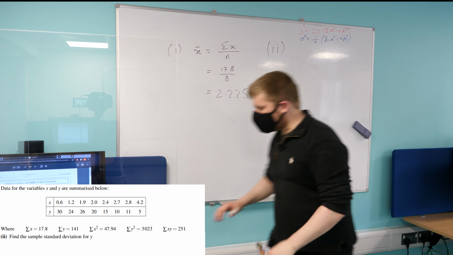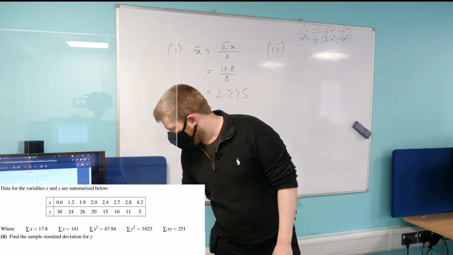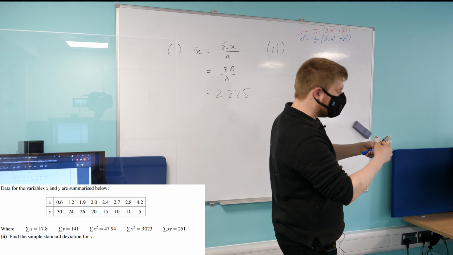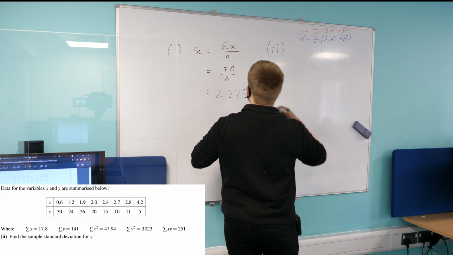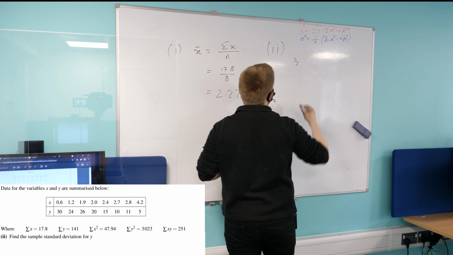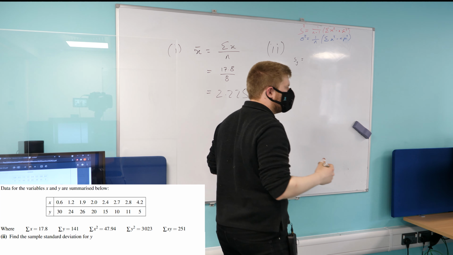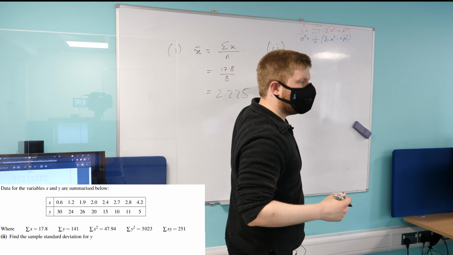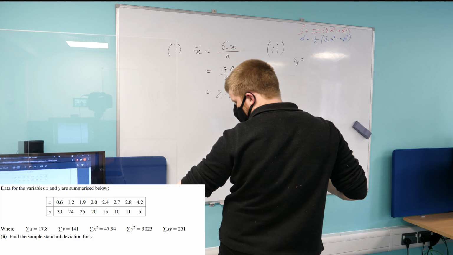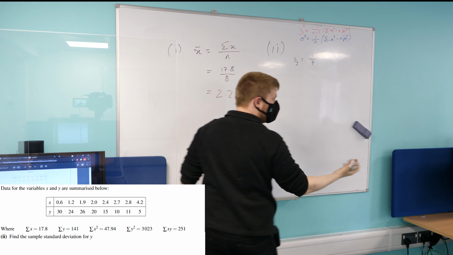There we go. So let's actually have a go at calculating this then. Find the sample standard deviation for y in this case. I've written it in terms of x, that's fine though. For the sample standard deviation for y, we can say s, and I'll just use little y. I want to square root the whole thing at the end, because obviously this is variance, I want standard deviation. So I need 1 over n minus 1. I think you said that was 1 over 7, didn't you?